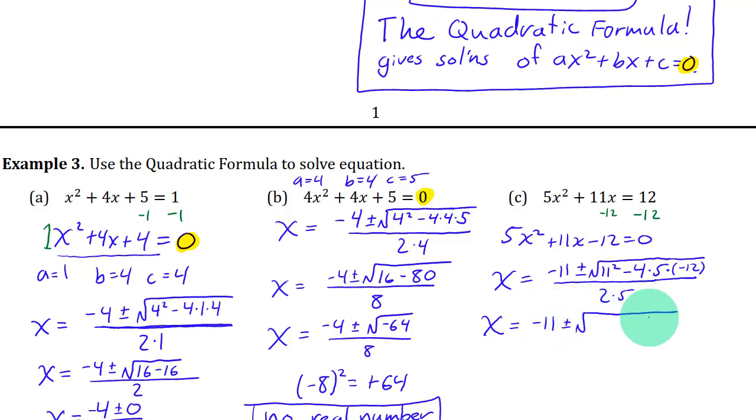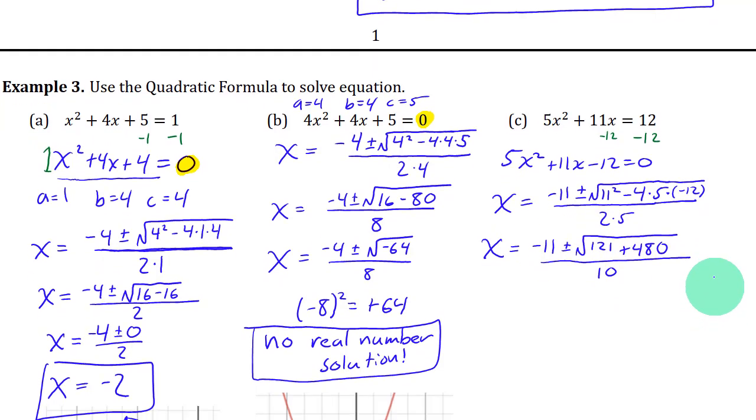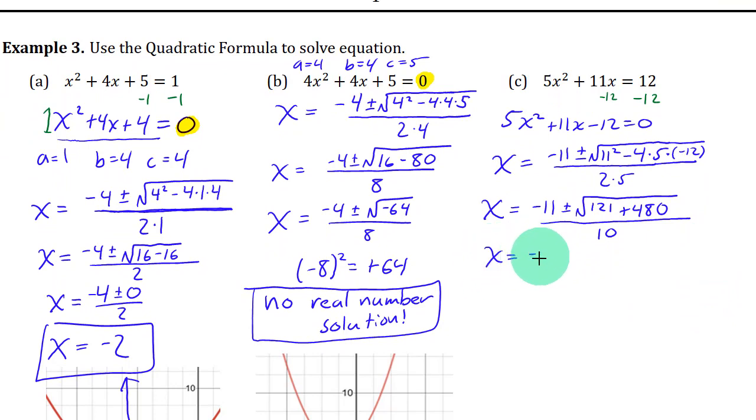I might be able to do it though. 11 squared is 121. 4 times 5 times 12 is going to be 480, and then 2 times 5 is 10. So we're going to have 121 plus 480 will be 601, and that's all getting divided by 10 here.